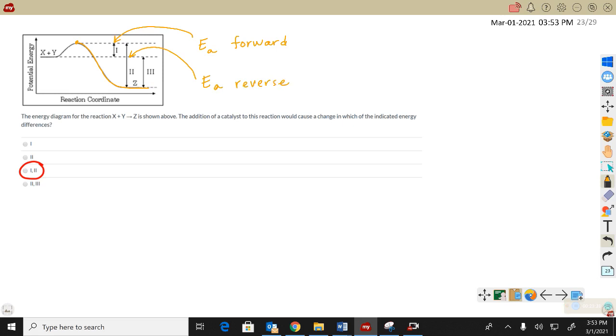Now 3, that's like the overall delta H. That's the overall energy change for this reaction. It's the difference between the energy level of the products and the reactants. That does not change whether or not you use a catalyst. That's always consistent. It's the same products, same energy change.